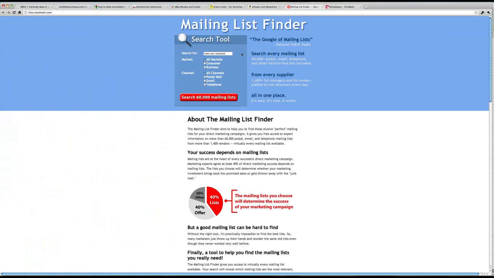Again, this is a research tool. There's tons of mailing lists out there, and if somebody's got a mailing list, usually there's money in that market. Let's pick a male market that I know exists to use an example, and let's say hair loss. All right, so hair loss.